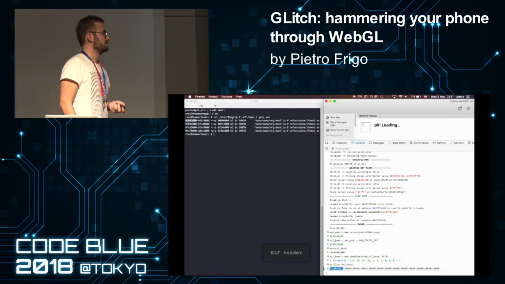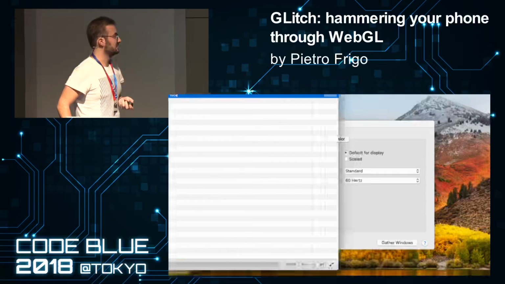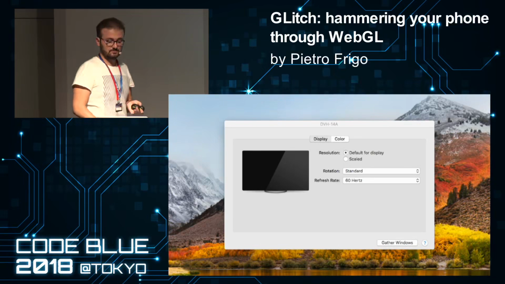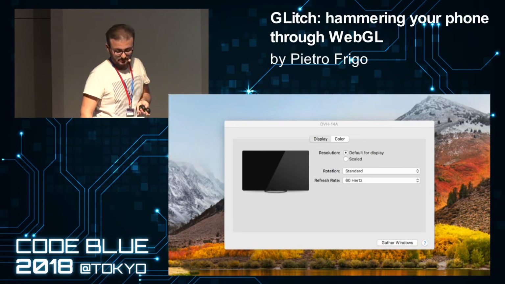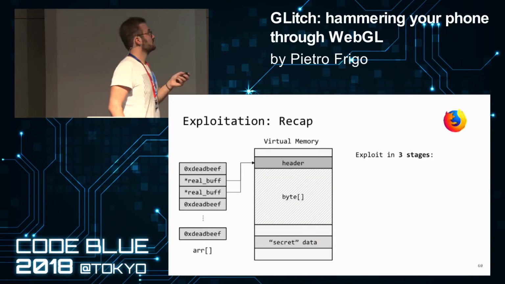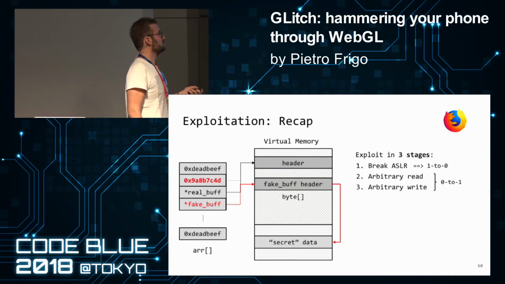So as you can see, you just leak the header of the ELF binary, and if you want, then you can just overwrite any function pointer or whatever else you want with this primitive.